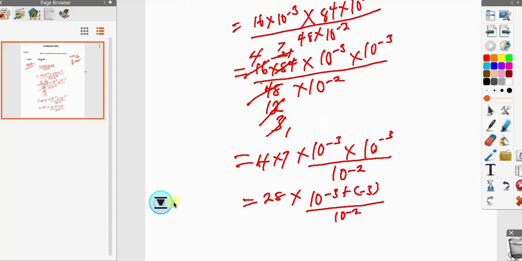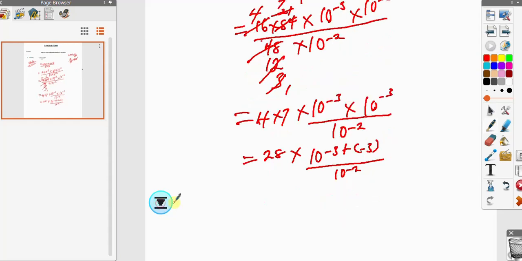So from here now, we have our 28 here, multiplied by minus 3 minus 3. Minus times plus is minus, minus 3. Remember this as well. Okay, let's do this for the first one.